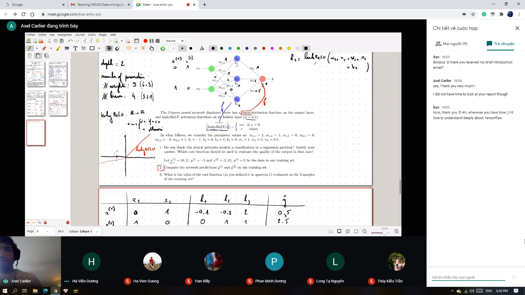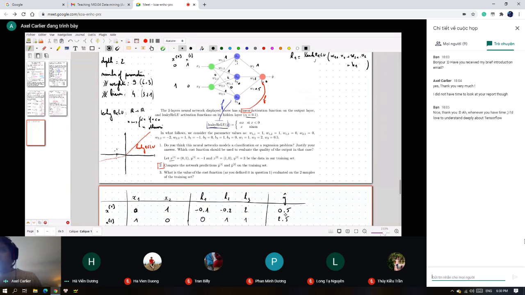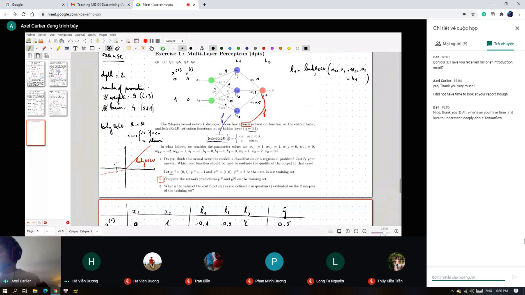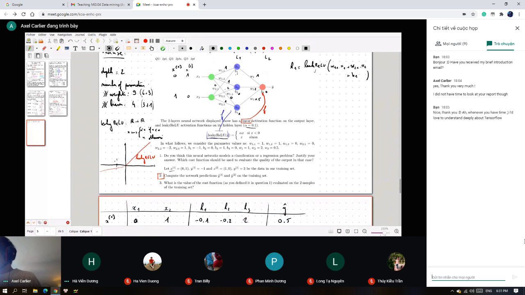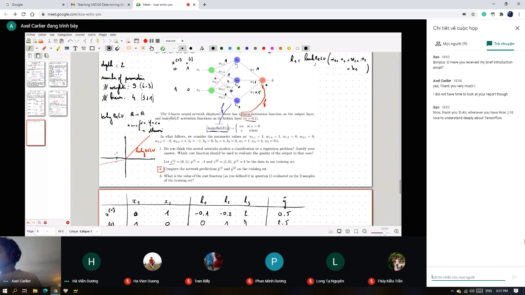Okay, so these are my computations. Maybe I'll just explain it very quickly.